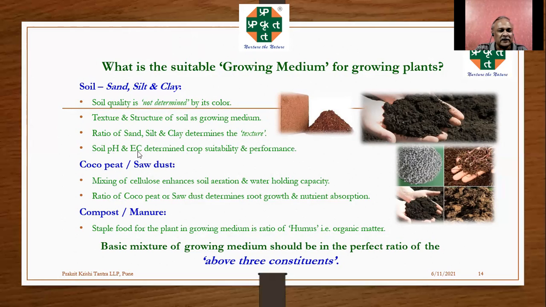Similarly, the electrical conductivity makes the nutrients mobile in the soil. They are available because of a suitable pH, but if the EC is not suitable, they will not move. You can take the example of a battery. If you know the structure of the battery, there are two sides: the positive electrode and the negative electrode.